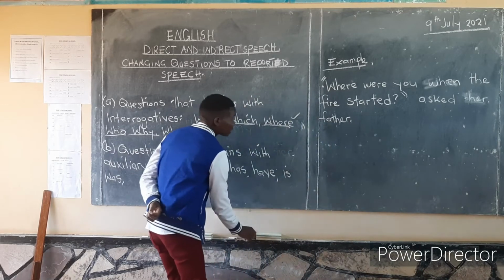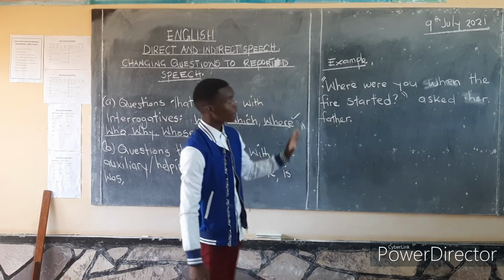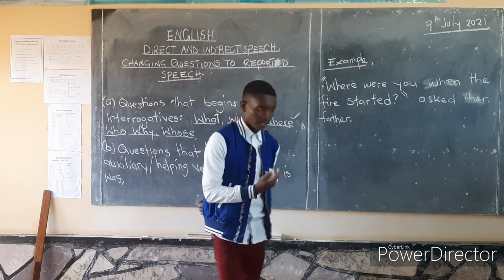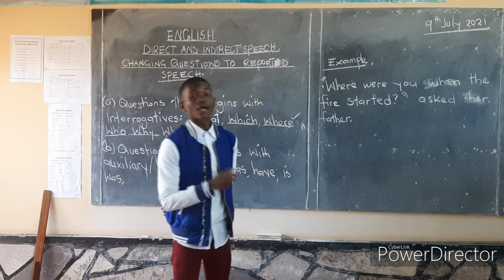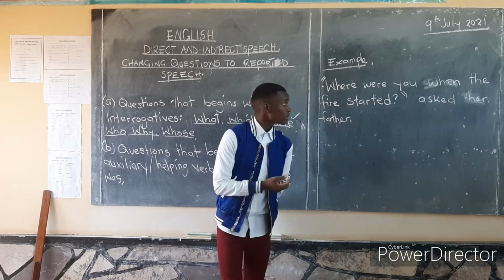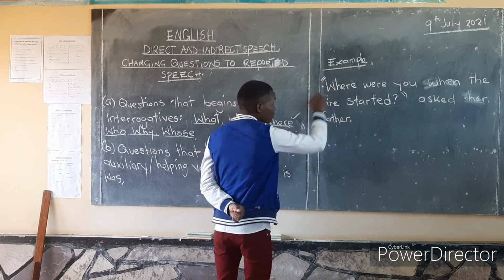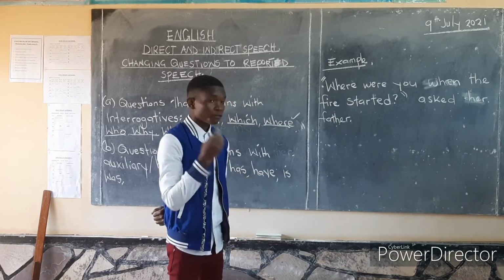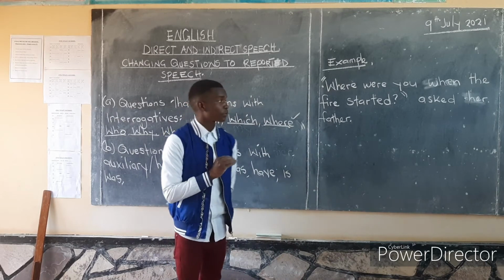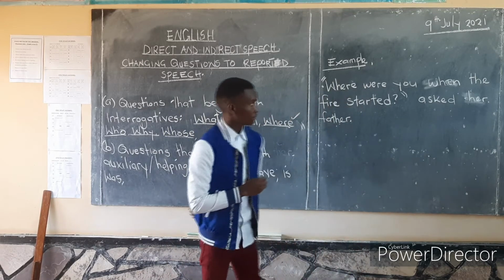Now, for us to change this sentence, which is in direct speech but is a question, we need to follow the guidelines. The guidelines are just the same: the tenses will change, even some pronouns, including the verbs and adverbs, and the speech marks are also going. The first guideline is that we always start with the unspoken words.